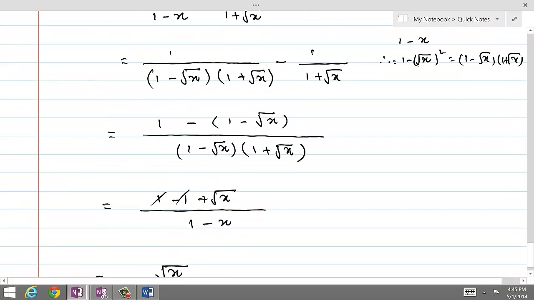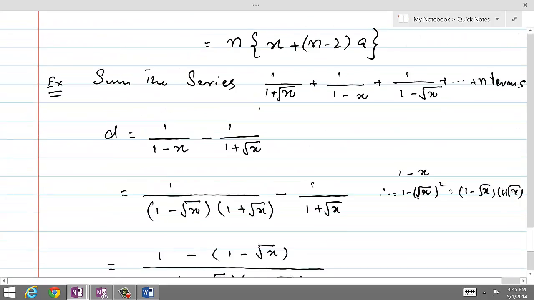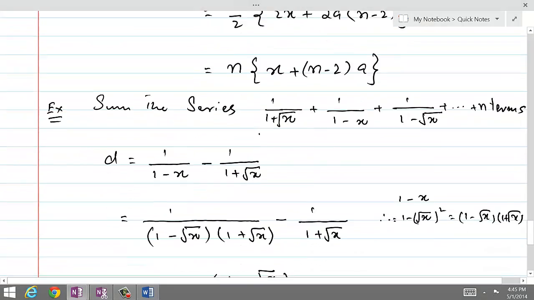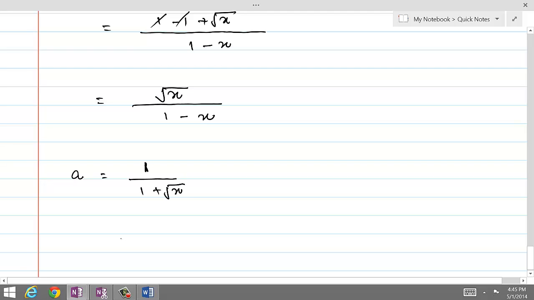So if this is equal to d, and we already have a, the first term, equal to 1 over 1 plus under root x. We got d, we got n is equal to n, and we want to find out Sn.